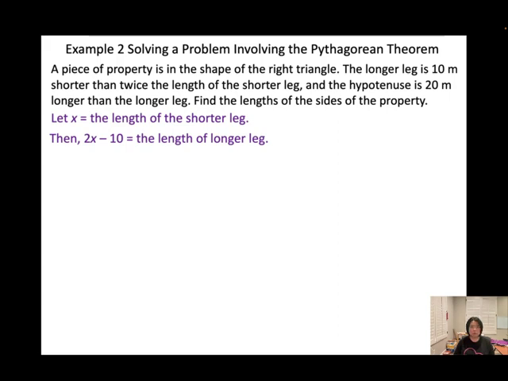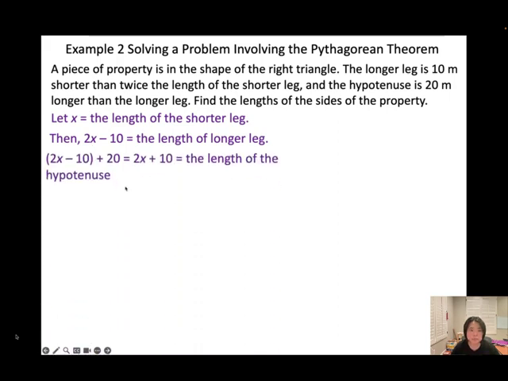Now how about the hypotenuse? The hypotenuse is 20 meters longer than the longer leg. 20 meters longer, so 20 plus 2x minus 10. Combine the like terms, and that'll be 2x plus 10.